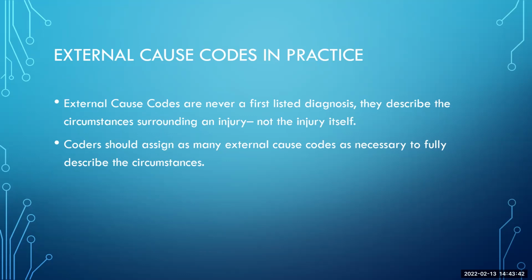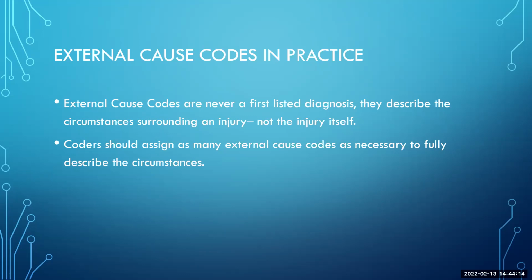And the other important note is that coders should assign as many external cause codes as necessary to fully describe the circumstance. And this is probably what makes it most confusing, because you'll often have situations where we will describe how the injury happened and also the activity that the patient was engaged in at the time of the injury. And sometimes there's some overlap there.